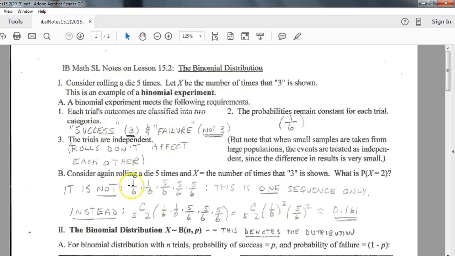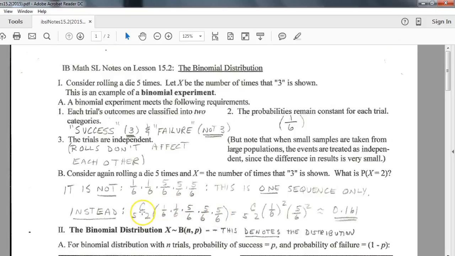I could get a 3 on my first throw and my last throw, and these could be any other number. Because you can change the order, this creates combinations of getting what you want. So that's when we have to take into account the number of combinations that could be involved. Here's the main probability, anything other than a 3.